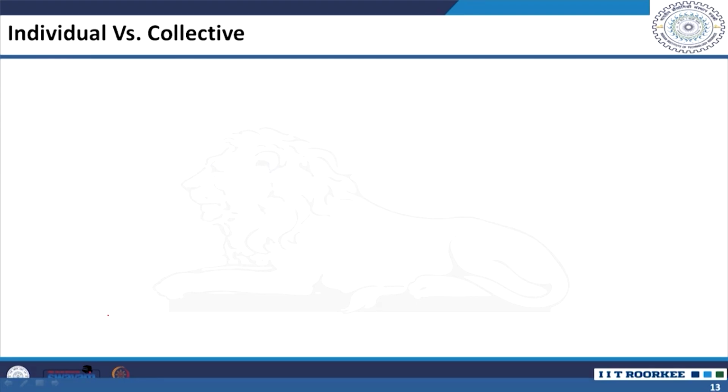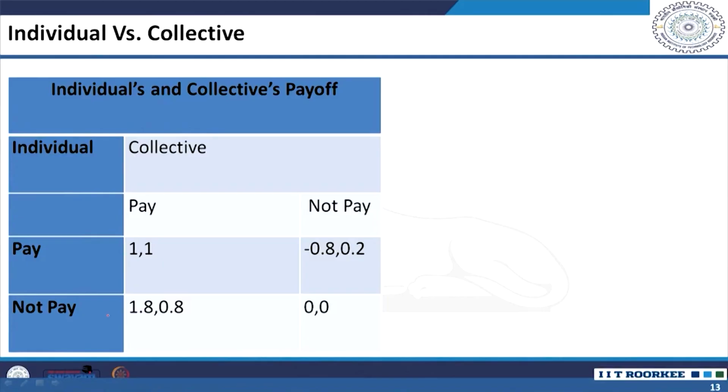So now, after understanding the game theory concepts and the collective action concepts, let us have a look at the individual versus collective in terms of game theory. Let us take the payoffs of the collective or group as well as the payoffs of the individual member.